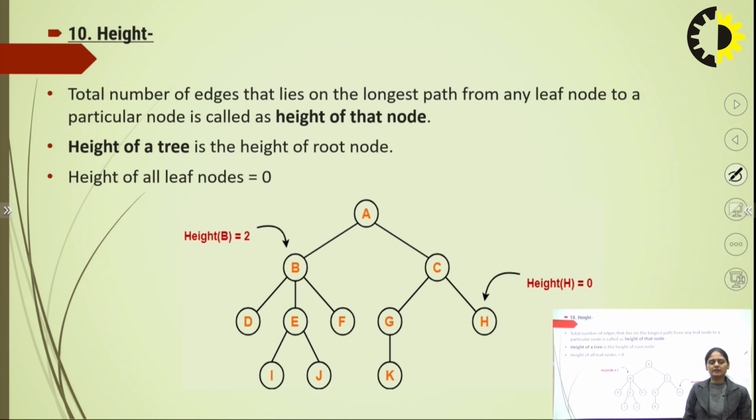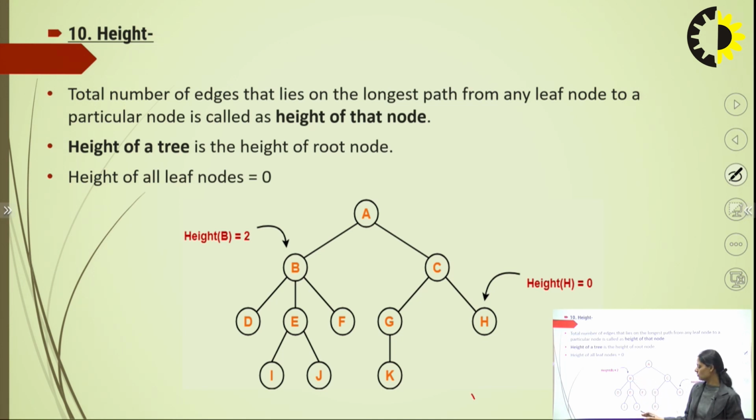Next is the height. The height of the tree is the total number of edges that lie on the longest path from any leaf node to a particular node, and it is considered as the height of that node. So, for example, over here this is the node B, and as we have seen, the total number of edges that lie on the longest path from leaf node to the particular node.